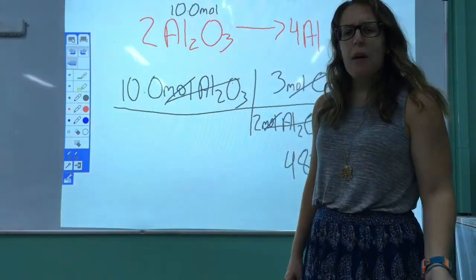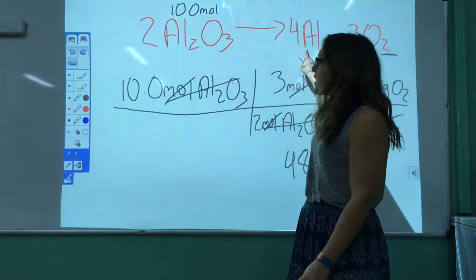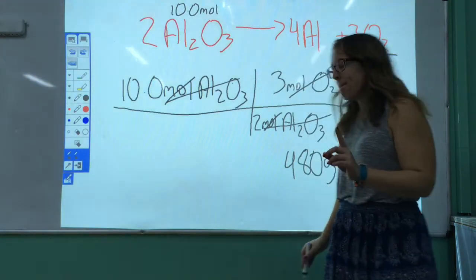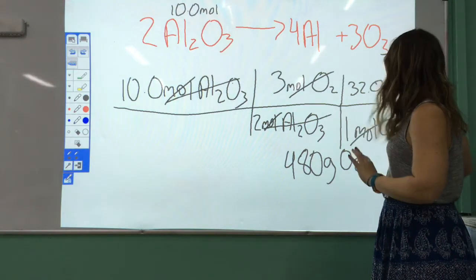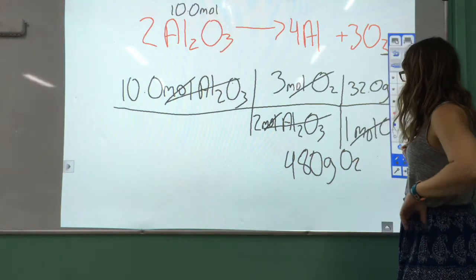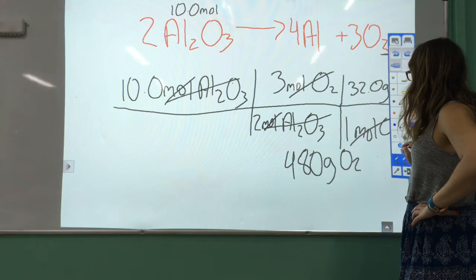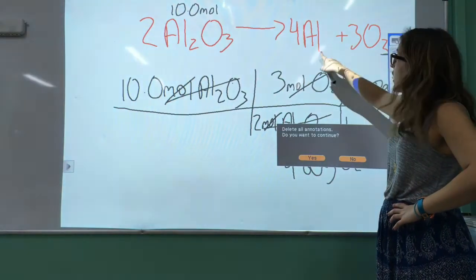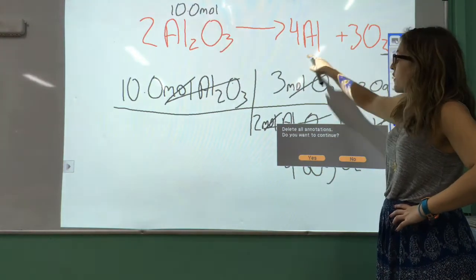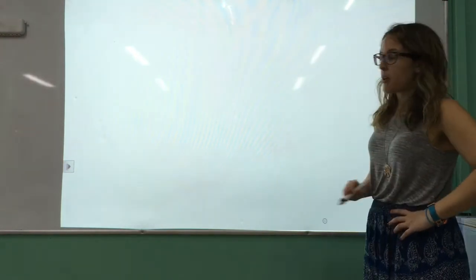But let's take it one step further and say, okay, we have 480 grams of oxygen. Now, how many grams would that give us of aluminum? Let's look. So we know the ratio between oxygen and aluminum is 3 to 4. Remember that.